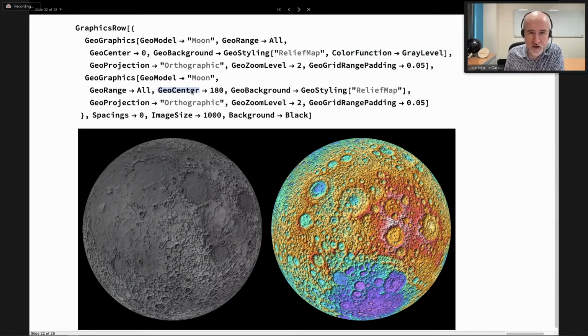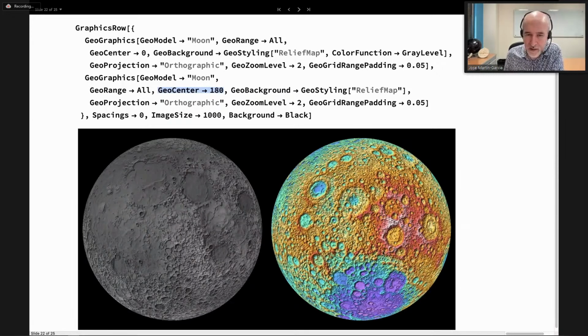And we do here geocenter 180. So that goes to the opposite side. Notice the difference in the amount of craters. So the visible side is protected by the Earth, and so it receives less impacts than the opposite side of the moon. And so here, by default, that's the color function we use for the moon and imitates what NASA does.